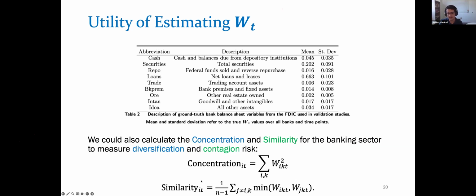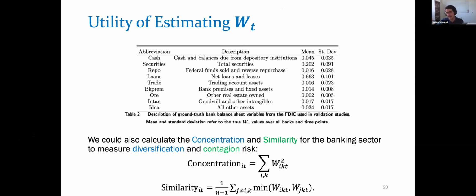And then you can also look at the similarity between banks, which is the bottom measure. This is a big thing called contagion risk in the finance world, where if one bank fails, another bank fails, and so on and so forth, with cascading effects. Because even if we may each be really well diversified, if we hold exactly the same balance sheet, then whenever one bank gets in trouble, that almost implies that everyone else is in trouble too, because they all look the same.